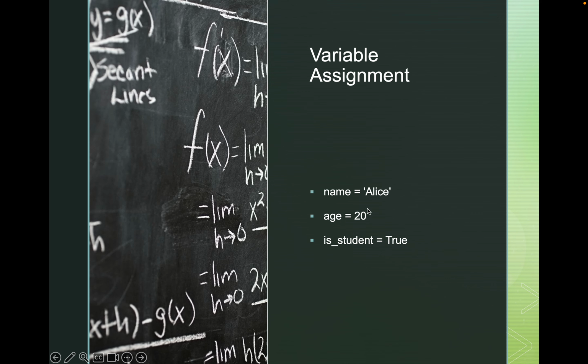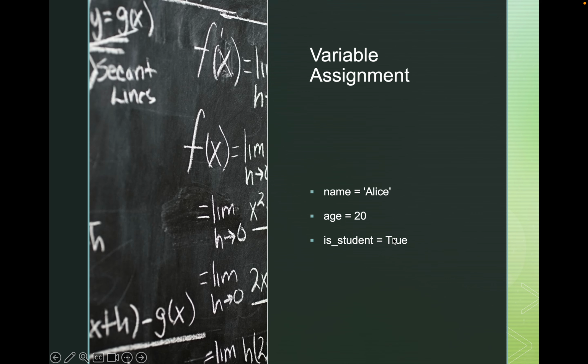Here name is a string, age is a number, and is_student is a boolean. Beginners really wonder how we can write all these different data types.